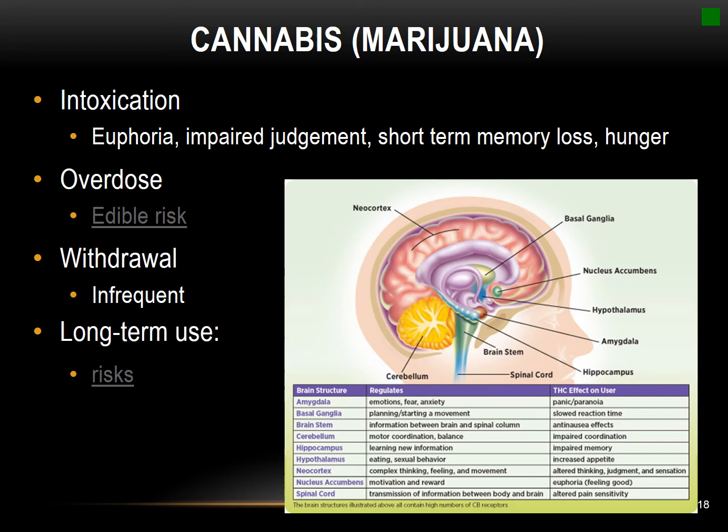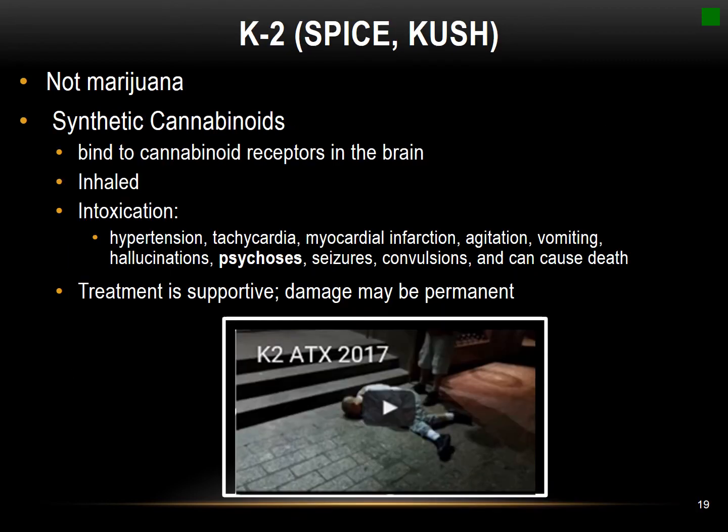Studies have shown that in long-term use, 20 years, if you've been using pot for 20 years, you're likely to have your IQ lowered significantly. And let's face it, some people don't have IQ points to lose. Remember, pot is legal in some states. If you happen to go to those states and you see a store that has a green cross outside, that's not a pharmacy. That's a pot store.